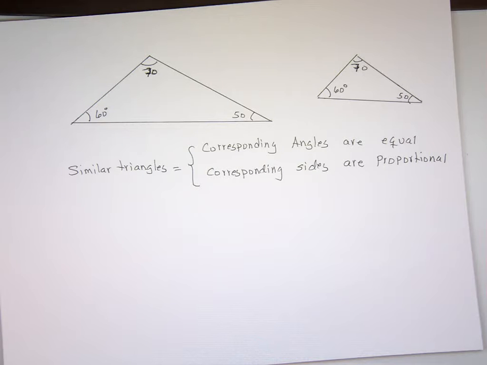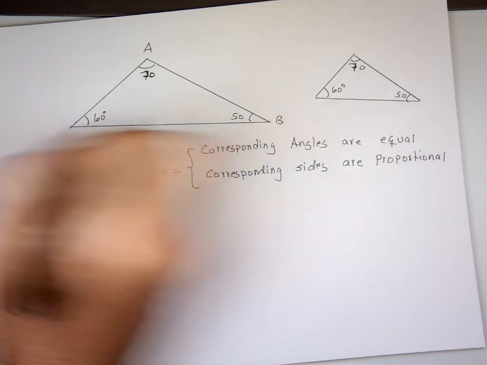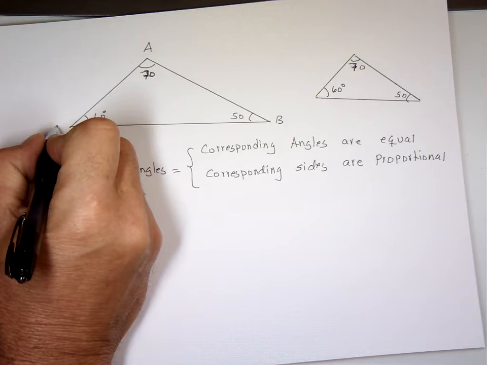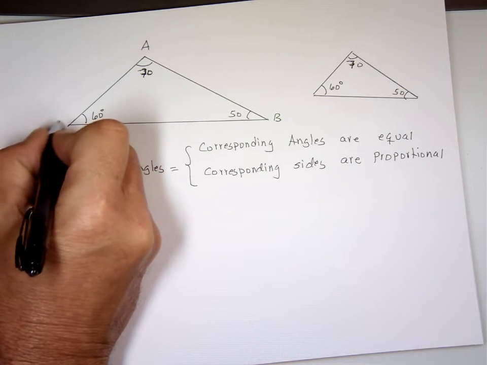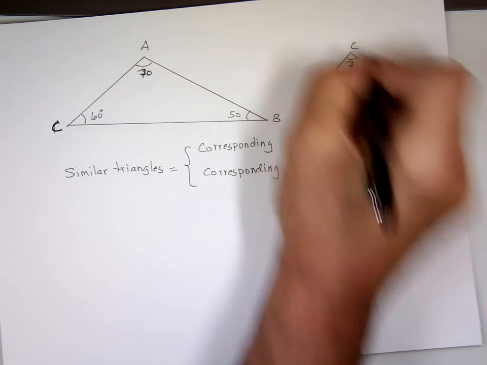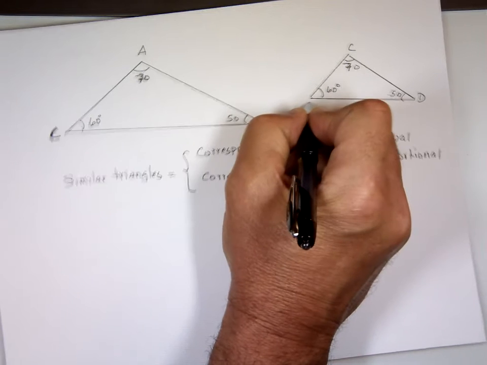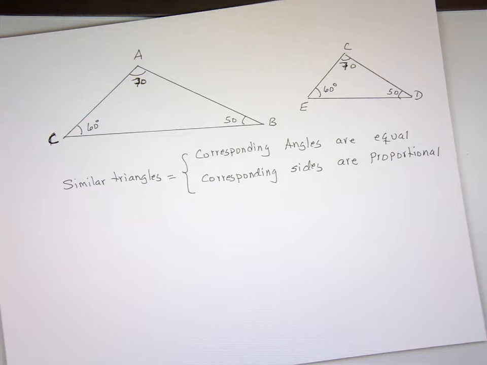Let me call the big triangle, give the angles some names. A, B, and C. And I'm going to call this C, D, and E for the little one. A, B, C for the first one, and C, D, E the other one. We said the sides have to be proportional. What does that mean?